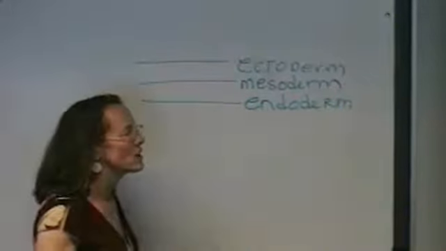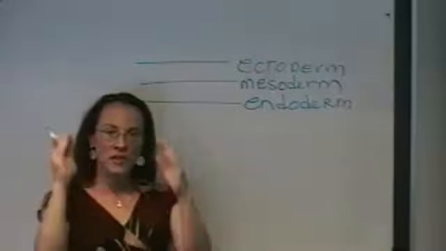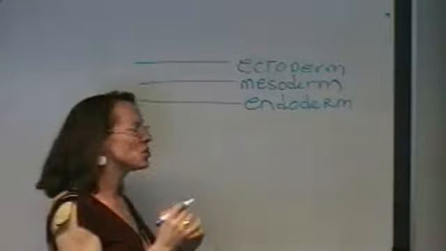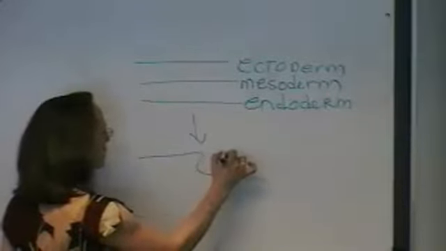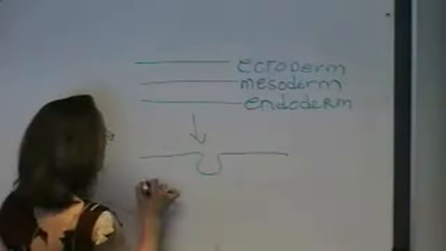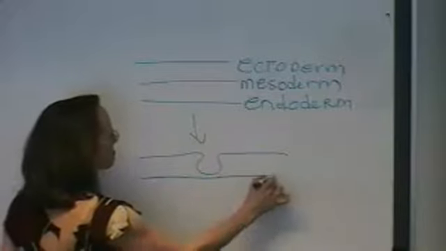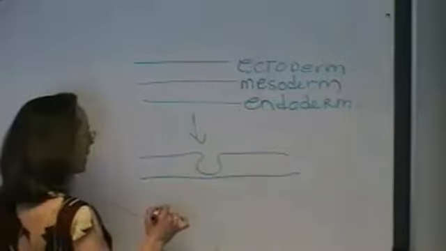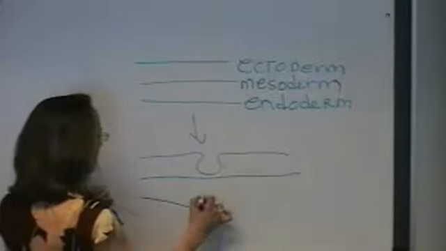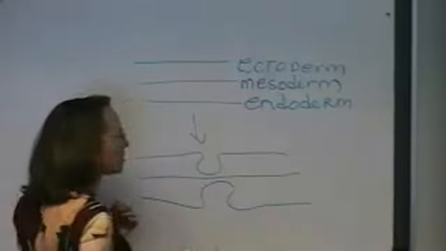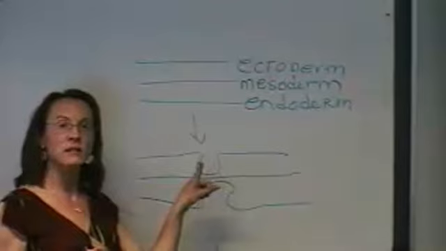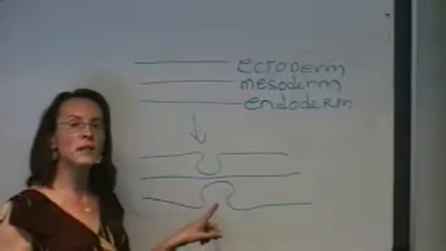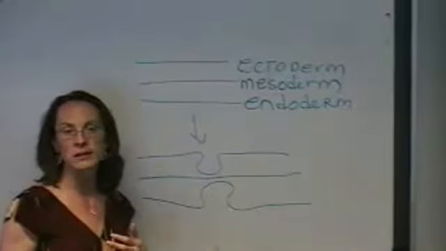These layers will start to do this kind of thing, actually sort of like that, and start to form in the back, the spinal cord, and in the front, the tube for the GI and the respiratory system.